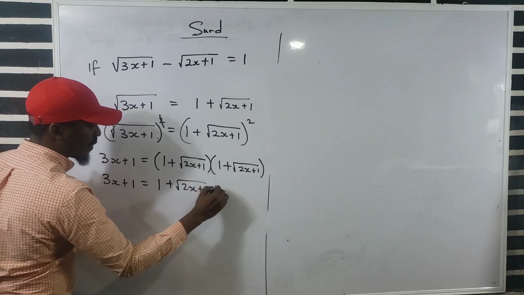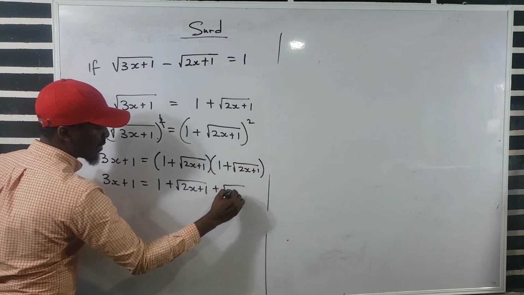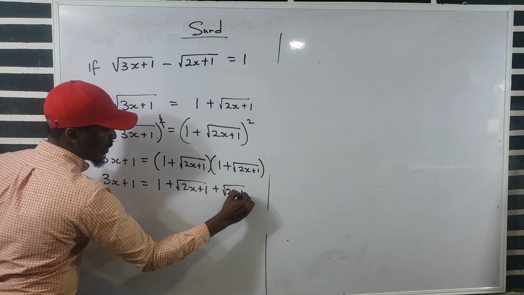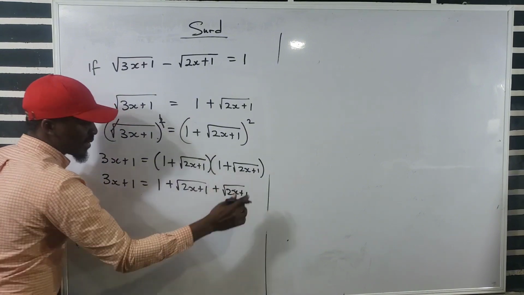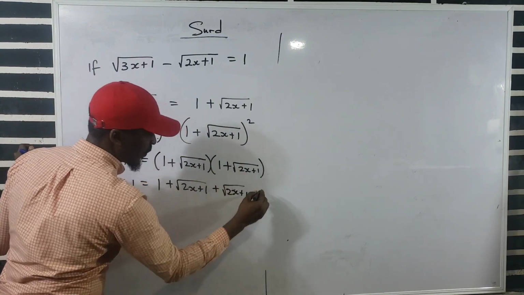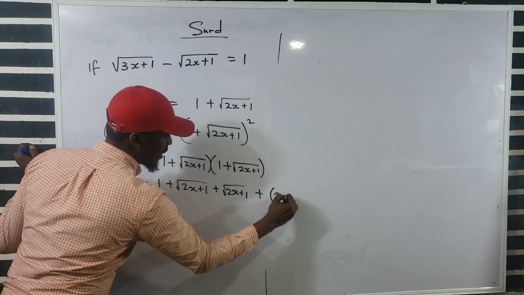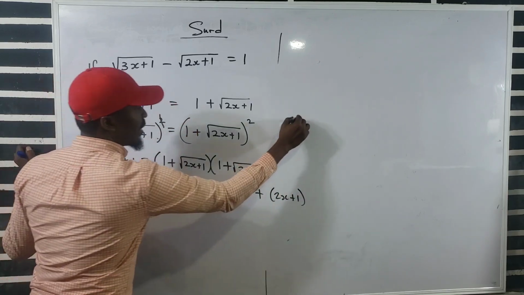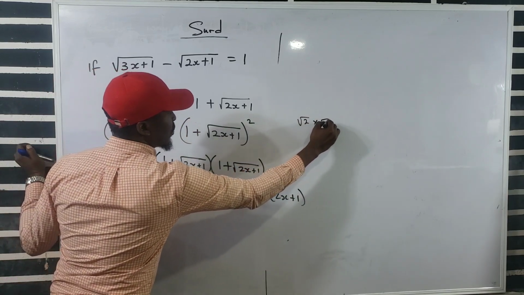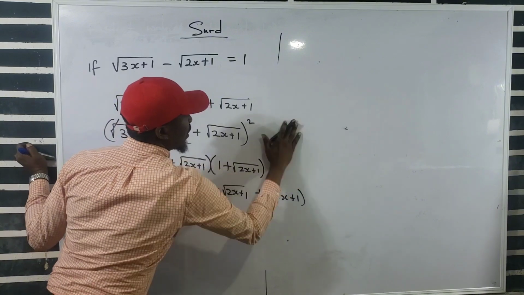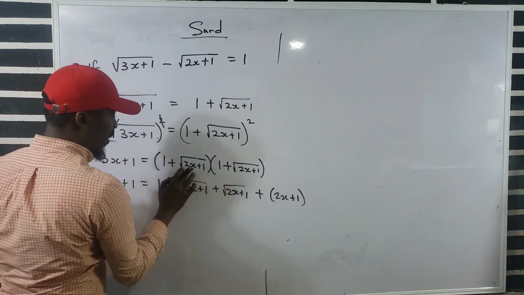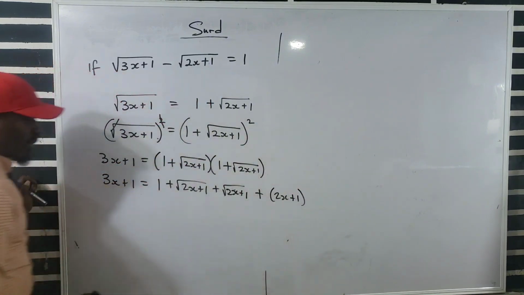This and this will give you plus square root of 2x plus 1. Then this times this will give you plus 2x plus 1, because square root of 2x plus 1 times itself gives 2x plus 1. Okay, so that's what we applied there.